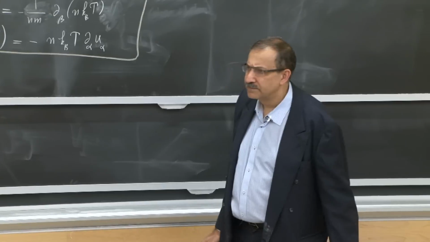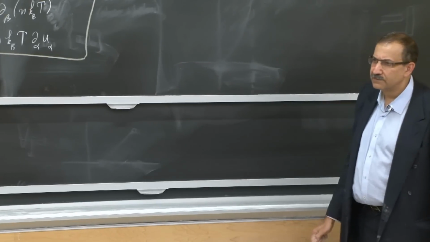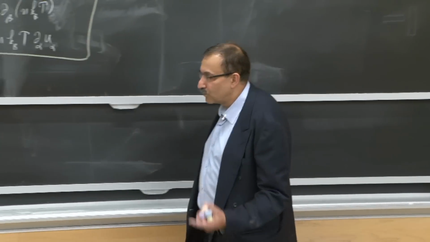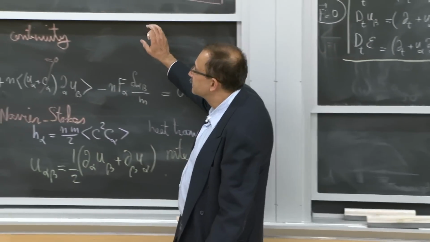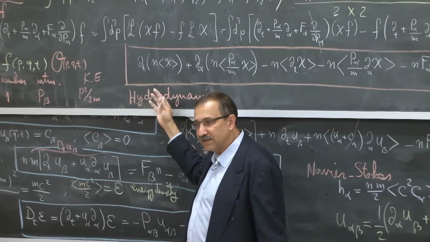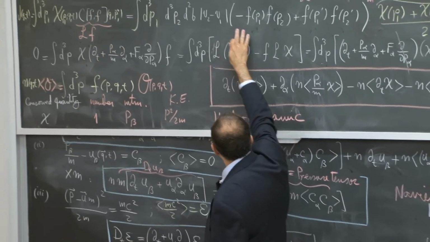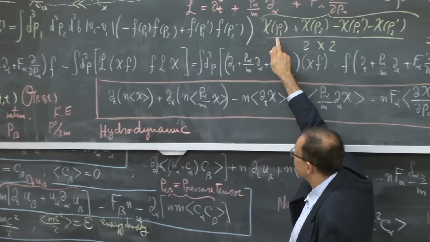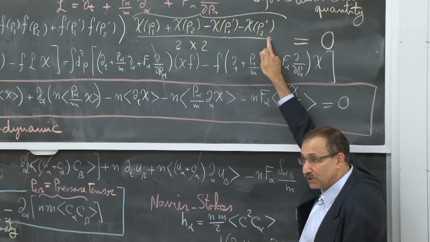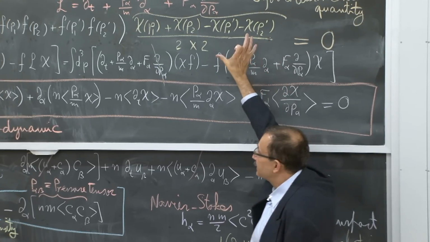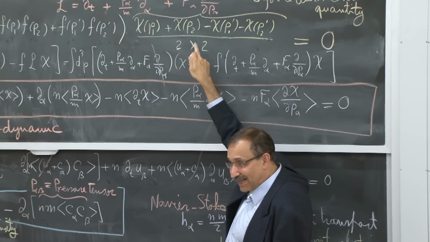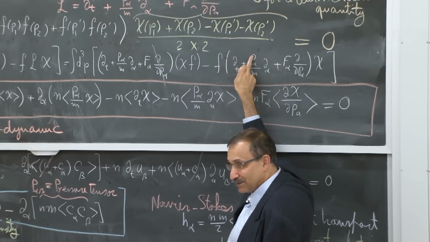Yes? Can I ask again, how did you come up with the F0? Why do you say the Gaussian? Okay, so this goes back to what we did last time around. Because we saw that when we were writing the equation for dH by dt, we came up with a factor that was this multiplying the difference of the logs. And we said that what I can do in order to make sure that this equation is 0 is to say that log is additive in conserved quantities.